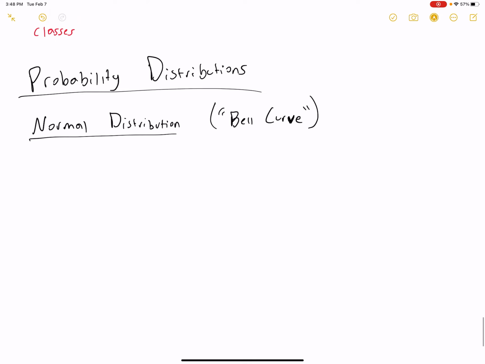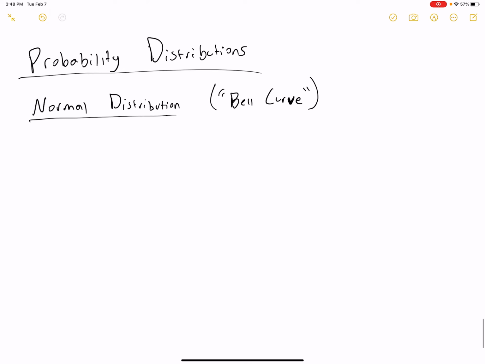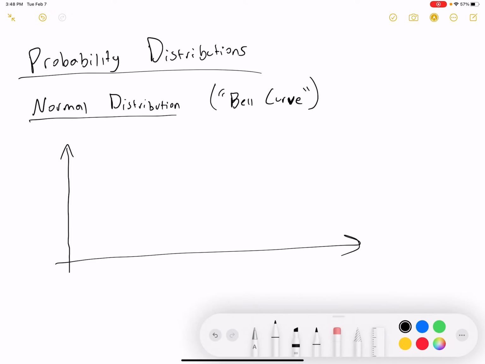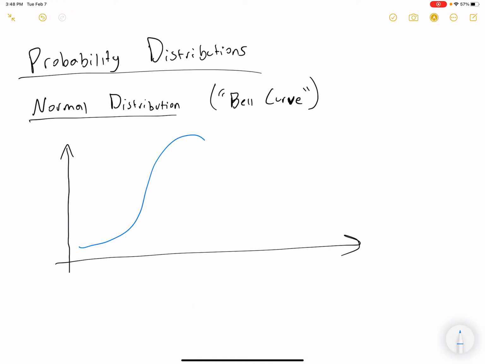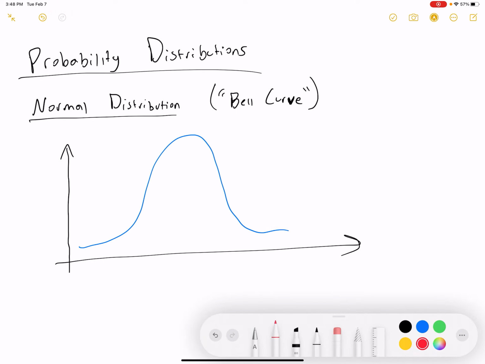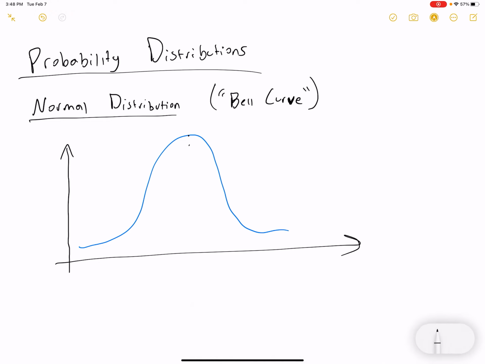If we draw out the normal distribution, you'll probably recognize it. It often looks like that. That look familiar? Bell curve, cool. We have certain properties of the bell curve or normal distribution. We have its mean, which is right in the center, and it's convention to call that mu, that U-looking symbol.